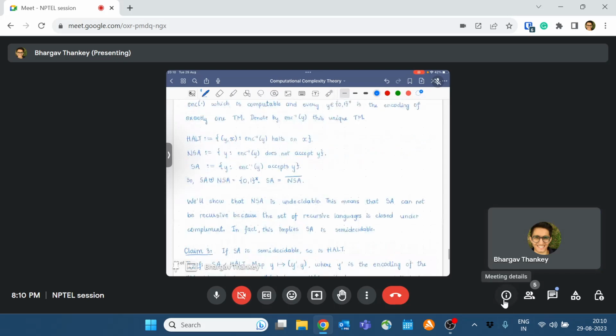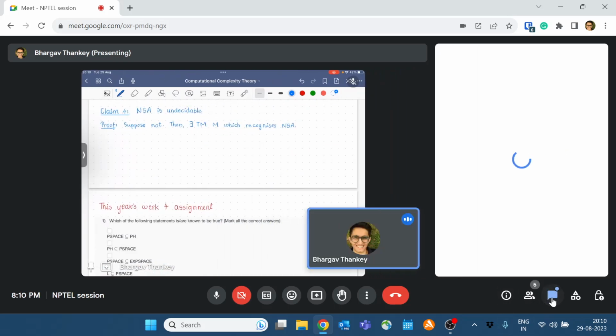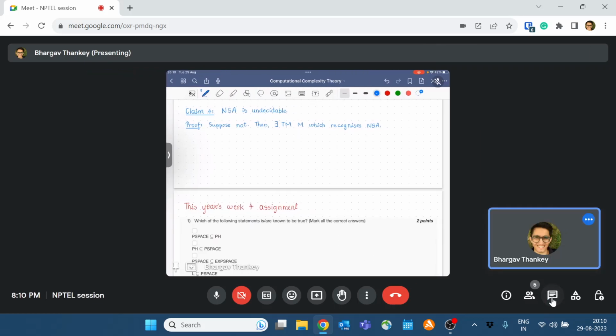Yes. Okay, so now what I was saying is, if you have a Turing machine that decides the language, that Turing machine also recognizes the language, right? You went inaudible again.